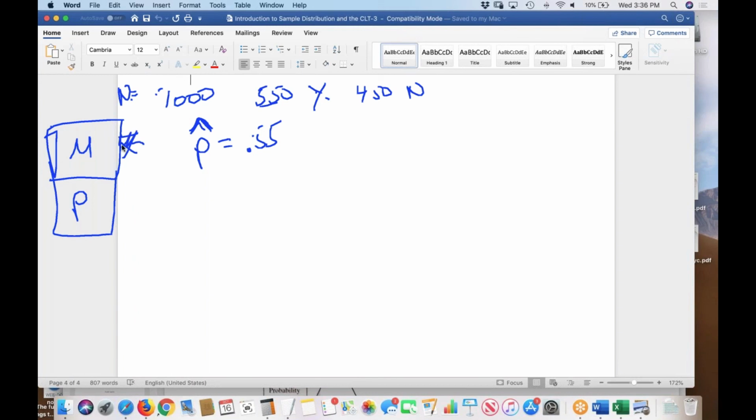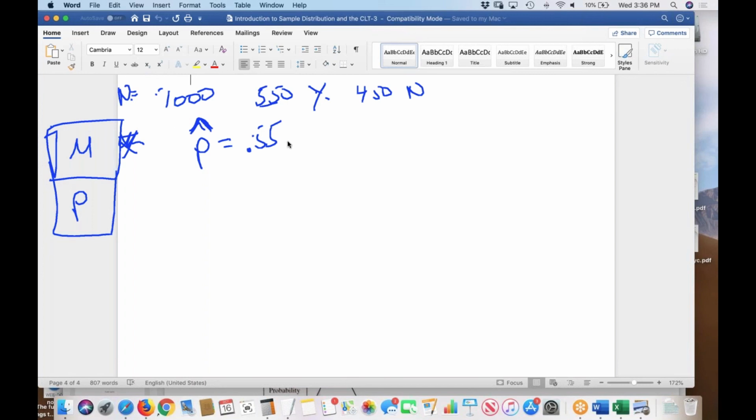Okay, and similarly, we don't know exactly what the true population proportion is, and we're not likely to ever know it. So what does this mean? Does this mean I can be comfortable that the true population viewed him favorably? In other words, is it over 50%? Well, how am I going to know if it's over 50% or not?